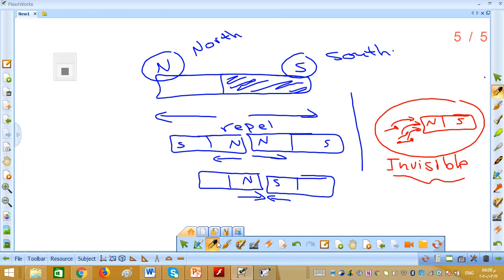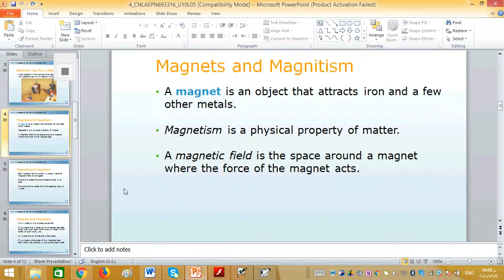Then we continued with magnets, magnetism, and magnetic field. And we said magnet is an object that attracts iron and a few other metals. And magnetism is a physical property of matter. And magnetic field is a space around magnet where the force of the magnet acts. And to see this invisible force, we can use iron metal to see this force around magnet.